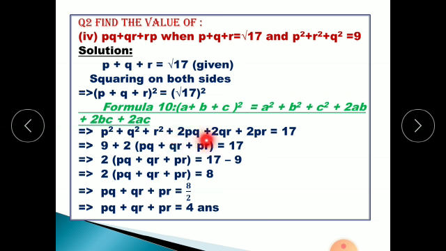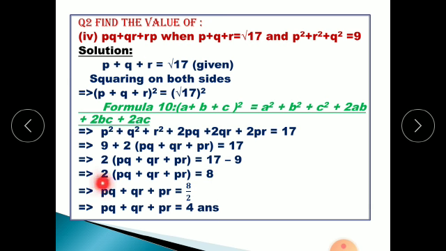Then from these three terms I have taken plus 2 as common. So what is left? pq plus qr plus rp is equal to 17. Now move this 9 from the left hand side to the right hand side. It will change into negative 9. So 2 times pq plus qr plus rp equal to 17 minus 9. In the next step, 2 times pq plus qr plus pr equal to 17 minus 9, which is 8.